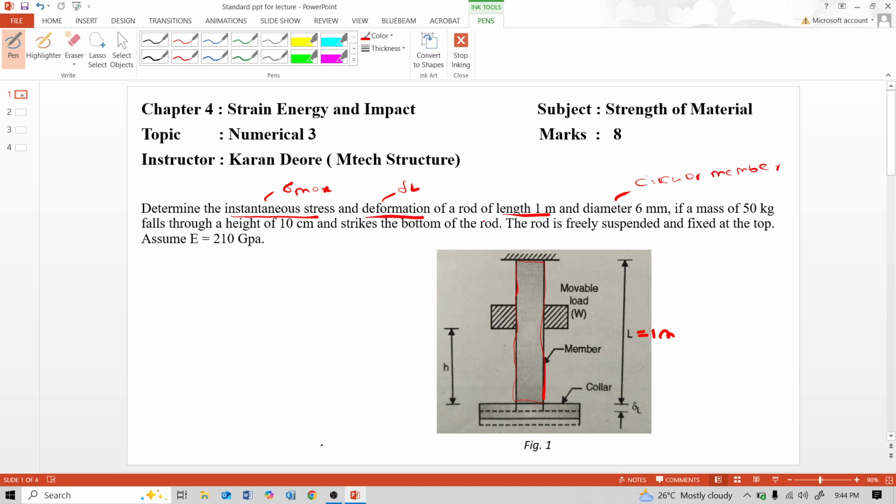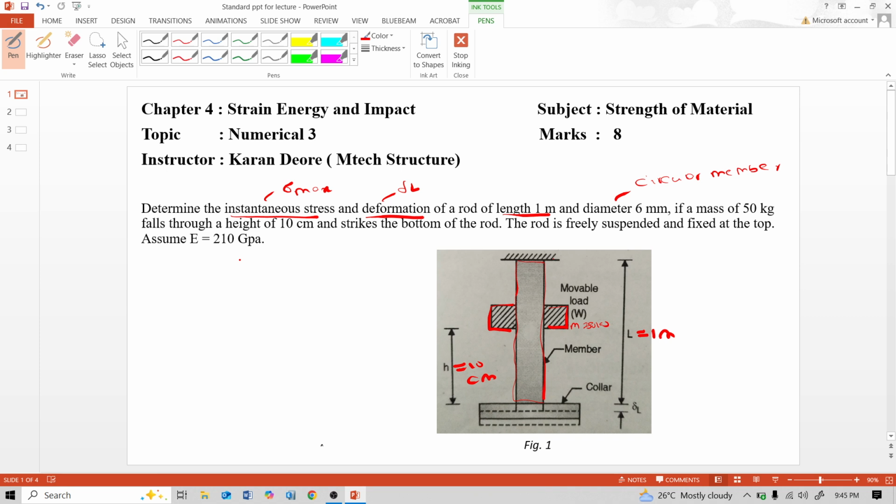If a mass of 50 kg falls through a height of 10 centimeter, so this is some mass, 50 kg, and it falls through a height of 10 centimeter. That means this height is 10 centimeter. And the rod is freely suspended and fixed at top. See, this circular rod of length 1 meter is fixed at top. And assume modulus of elasticity as 210 GPa. So this is our numerical.